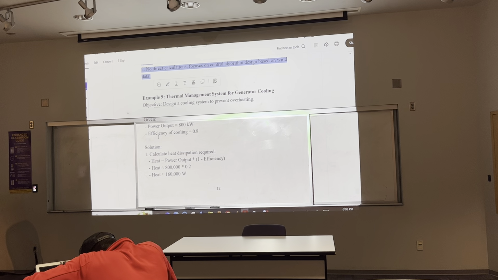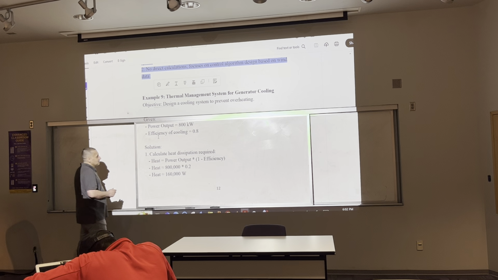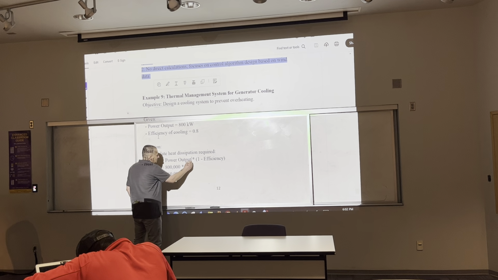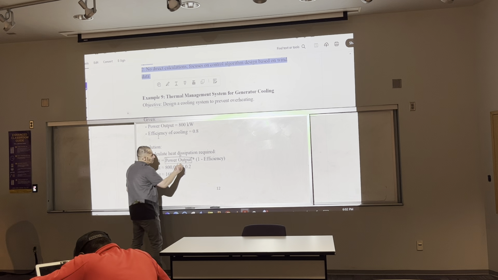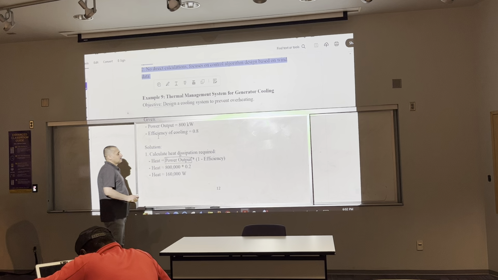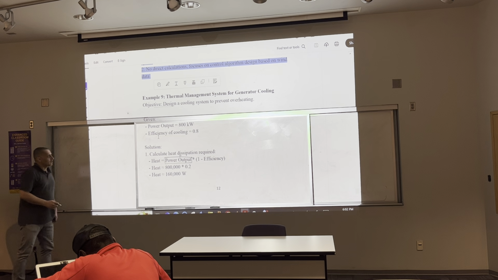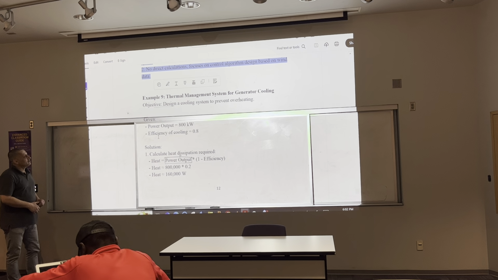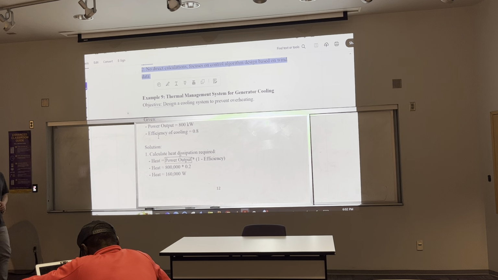So calculate the heat dissipation: heat equals power output P times 1 minus efficiency. The power output given is 800 kilowatt, and the efficiency of the cooling is 0.8 or 80%.